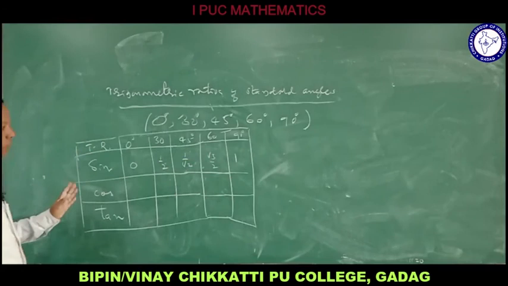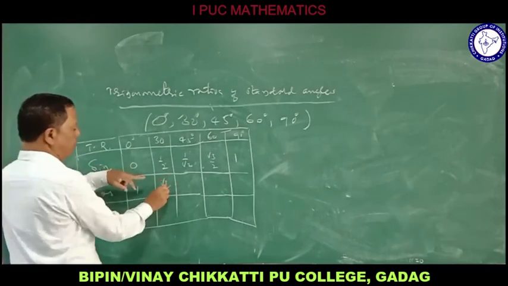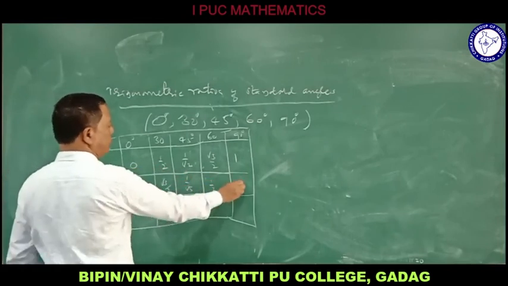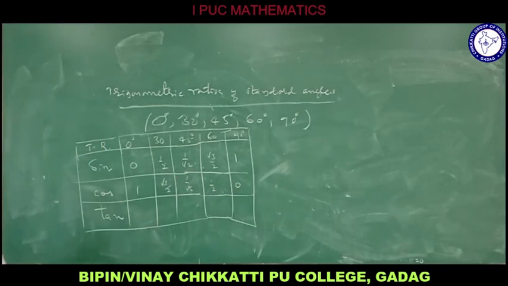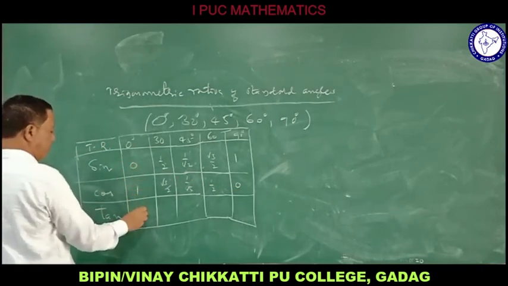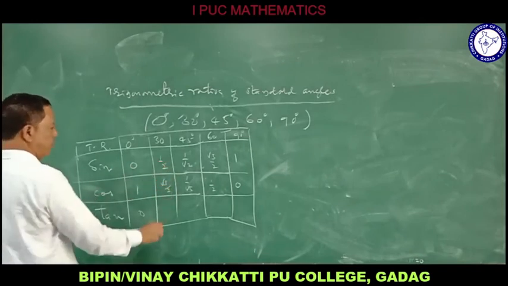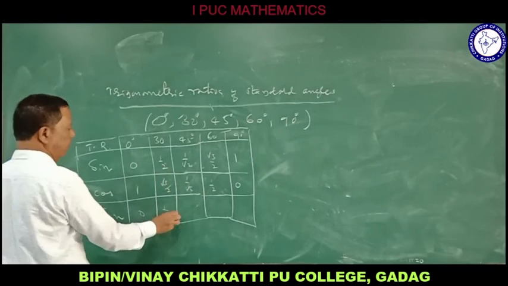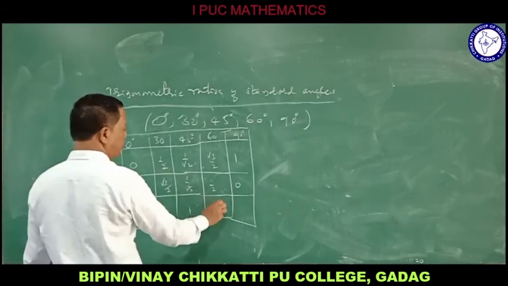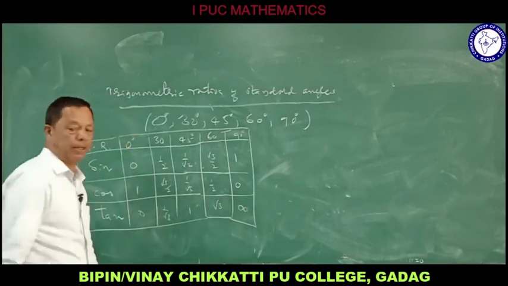Once you write like this, you have to write the cos row in the reverse order: 1, root 3 by 2, 1 upon root 2, 1 upon 2, 0. Then tan means sine by cos. 0 by 1 is 0, 1 upon 2 divided by root 3 upon 2 is 1 upon root 3, 1 upon 2 divided by 1 upon 2 is 1, root 3 by 1 is root 3, and 1 by 0 means infinity, that means not defined.